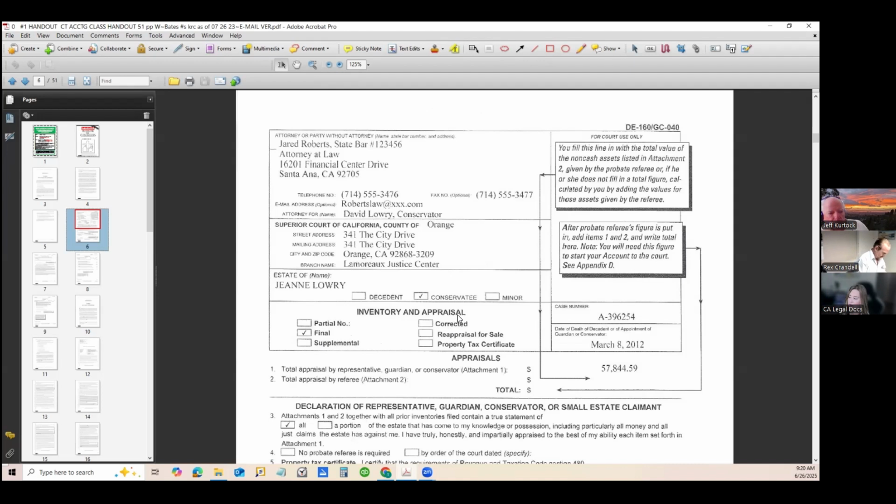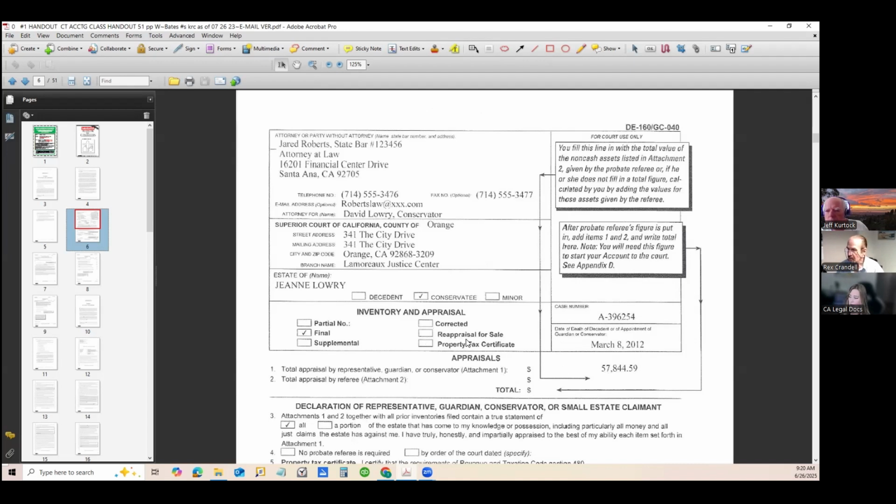If I need to do a corrected, meaning the person already turned in an inventory and appraisal and stated the bank balance on this day was, say, $57,844.59, and I look at a bank statement and that is not the balance on the day of appointment, it's a different number, then I'll mark corrected and correct this dollar amount so I can move forward.